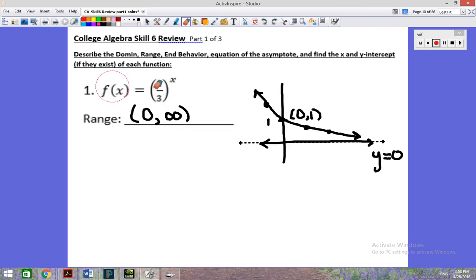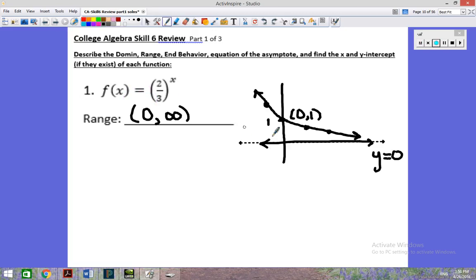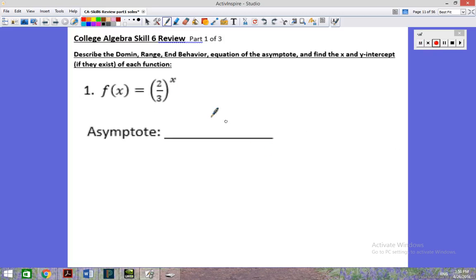This was just a basic exponential function with a horizontal asymptote y equals 0, so the range is 0 to infinity. We just got done using that asymptote to determine the range. There is no vertical asymptote, but there is a horizontal asymptote, and it's the line y equals 0.